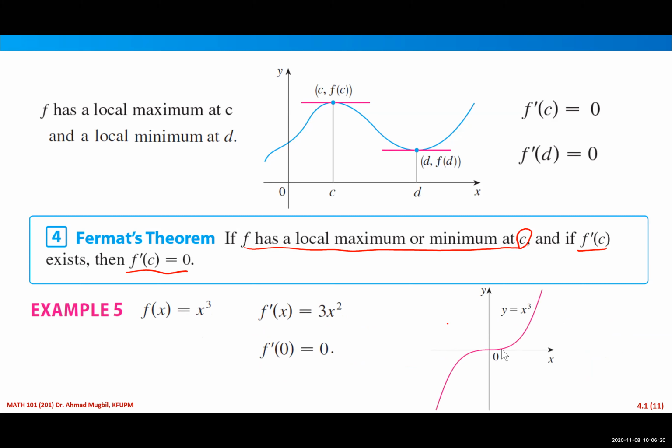But there is no maximum or minimum value at c equals 0. What is wrong with that? Because the converse of this theorem is not true. This means that if the derivative is 0, it is not necessarily the case that there is a local maximum or local minimum.